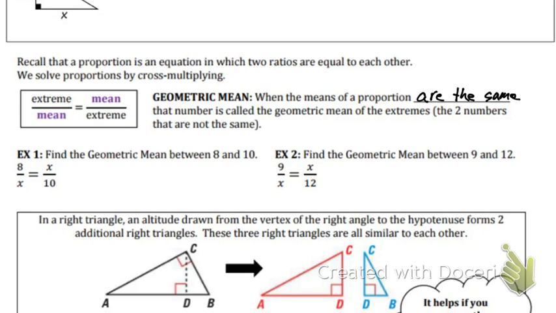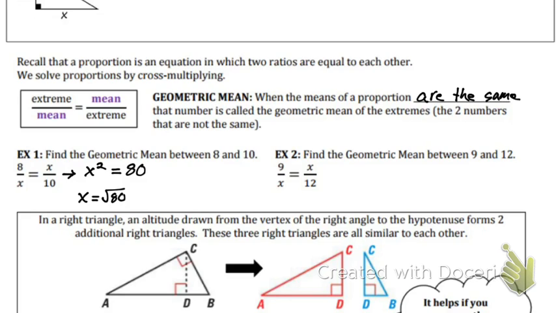When I ask for a geometric mean, you just set it up as a means extremes, putting your two extremes as 8 and 10, and making sure these are the same variable. So in this case, you would multiply 8 times 10 and x times x, so you'd end up with x squared equals 80. You take the square root of both sides, and you'll have x equals the square root of 80.